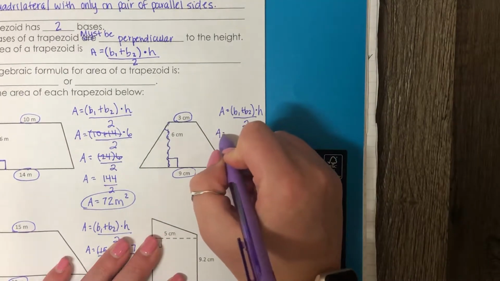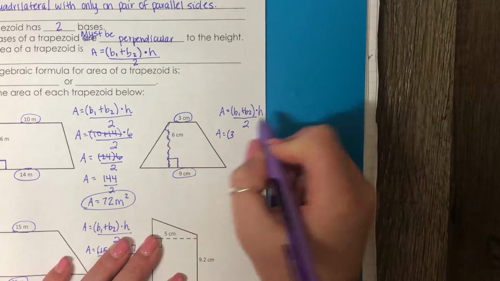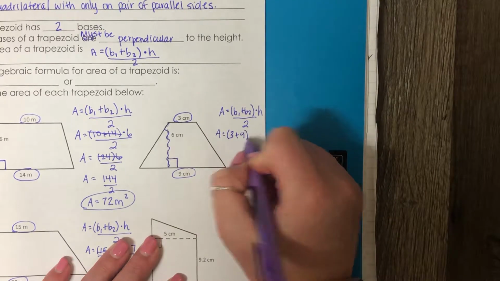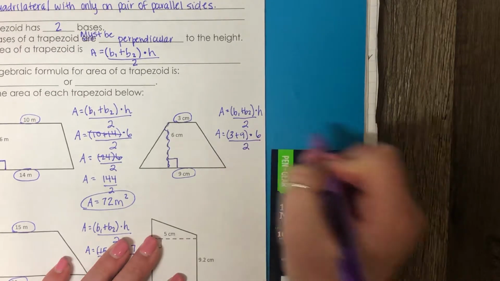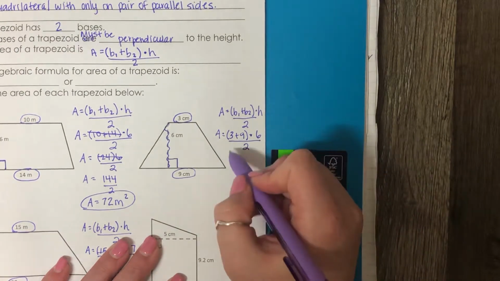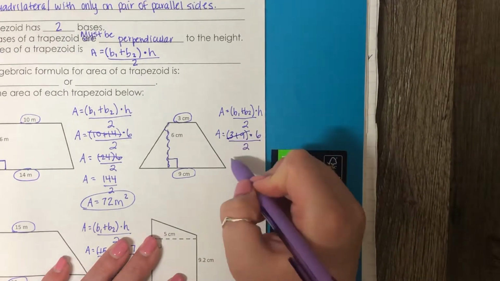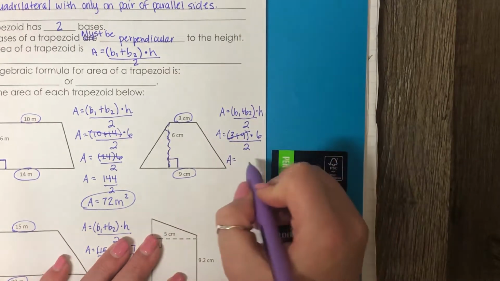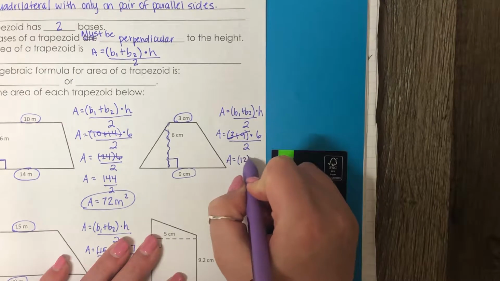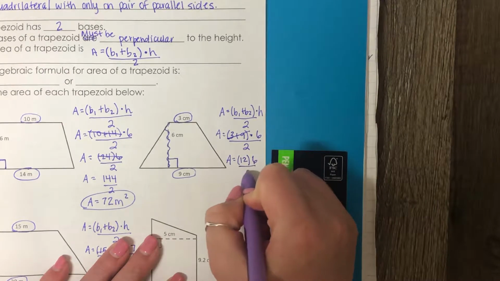So area equals base 1 is 3, base 2 is 9, times our height of 6, all divided by 2. We're going to do this addition first. So area equals 3 plus 9 is 12, multiplied by 6, divided by 2.